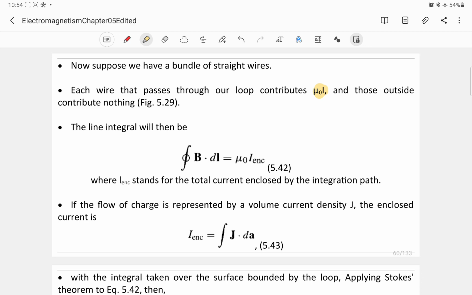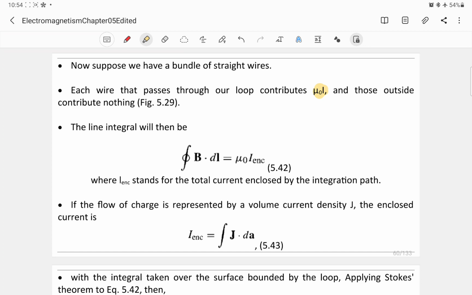The bigger the charge, the bigger the electric field; the lesser the charge, the lesser the electric field. Also for the magnetic field, when you enclose more wires, you get more magnetic field in the surrounding of the wires.